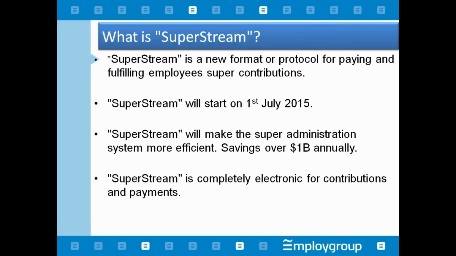SuperStream is completely electronic for both contributions and payments. It's actually not possible to send reports via envelopes with checks. If it doesn't go according to the SuperStream format, then it's considered to be a compliance issue.